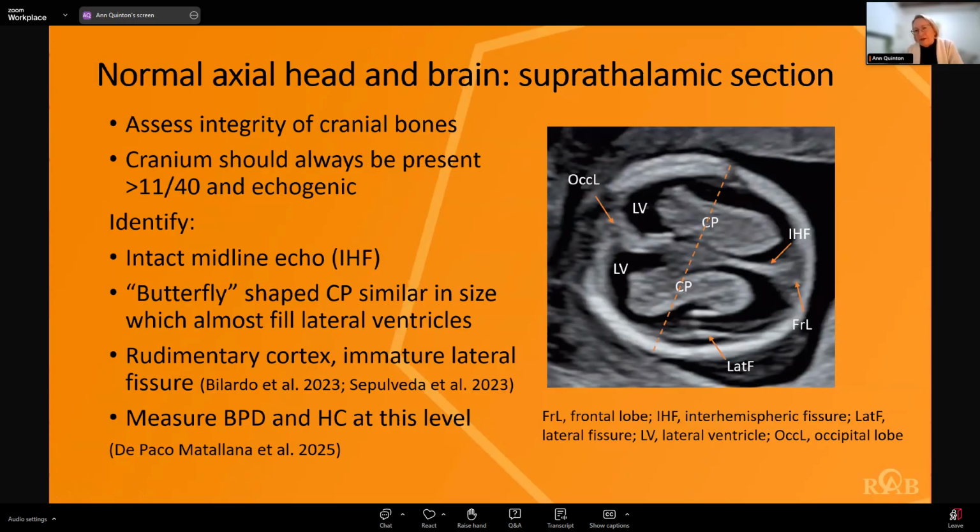They should almost fill the lateral ventricles, which is the black area around here, and they should be fairly symmetrical in shape. And we can also see the cortex here. The cortex of the brain is very thin at this stage, but we can just see the lateral fissure starting to develop here. So we can actually see quite a lot in this plane.